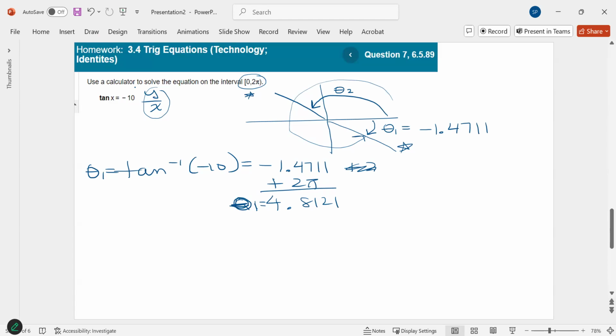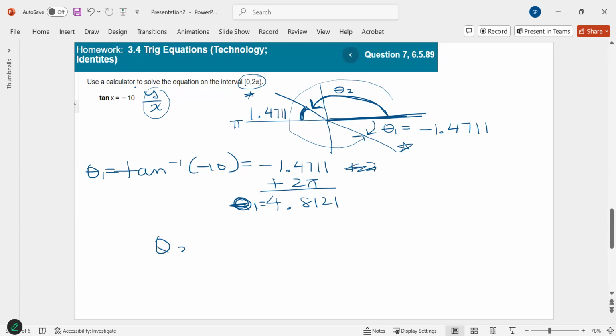And now we need to find the second angle. Well, the reference angle here is going to be 1.4711. But because I need to find the angle from the x-axis, the initial side being the positive x-axis and going to the terminal side, what we need to do is subtract from pi, because remember the halfway is pi.